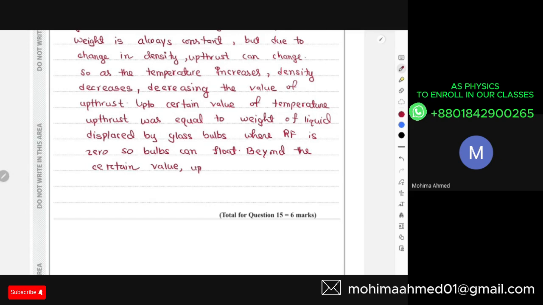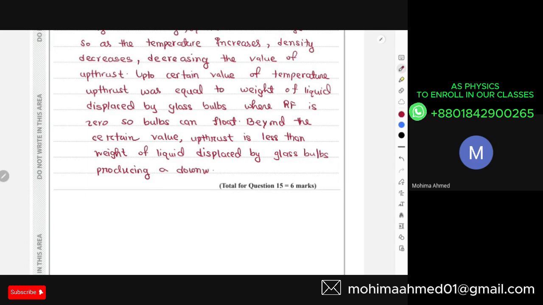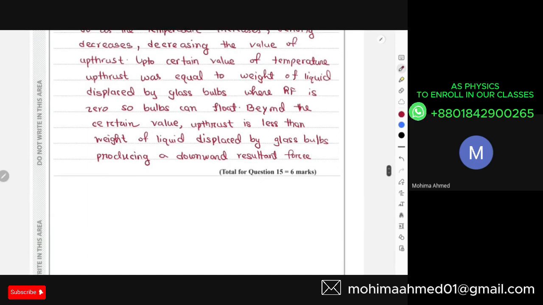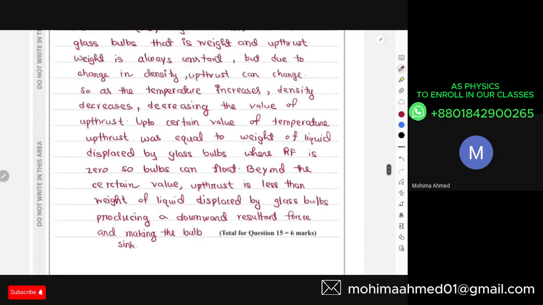Right, beyond the certain value, upthrust is less than weight of liquid displaced by glass bulb, producing a downward resultant force and making the bulb sink. Right? So this is your final answer.